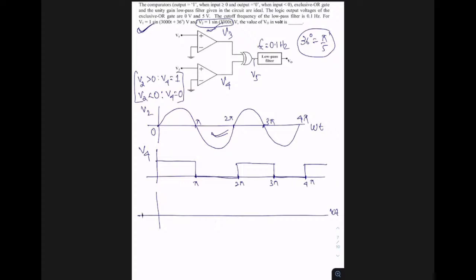This point will be your minus pi by 5. Okay, so this is your pi, this is your 2 pi, this is your 3 pi, and this is your 4 pi, right? So if this will start on here, so where this will be ending? So it will be ending here, right?